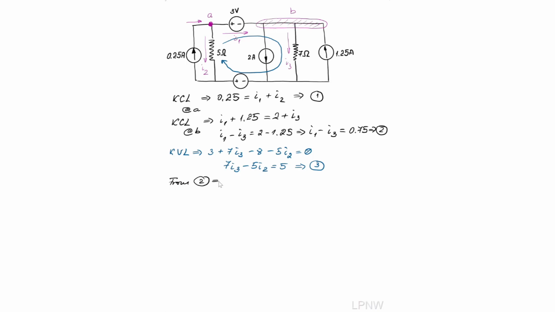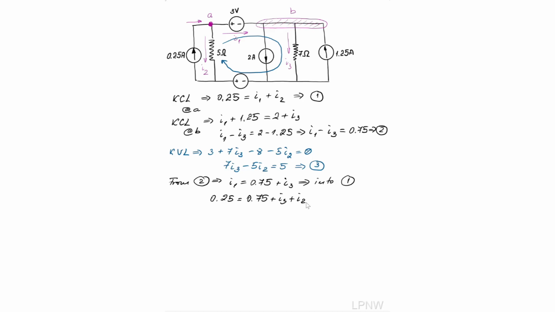From 2, I can pull that I1 is 0.75 plus I3, and I will bring this to 1. So I will get 0.25 equals 0.75 plus I3 plus I2.